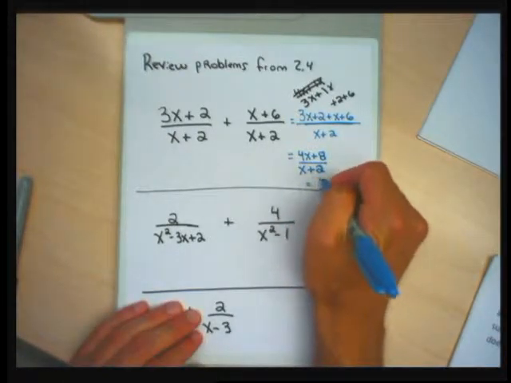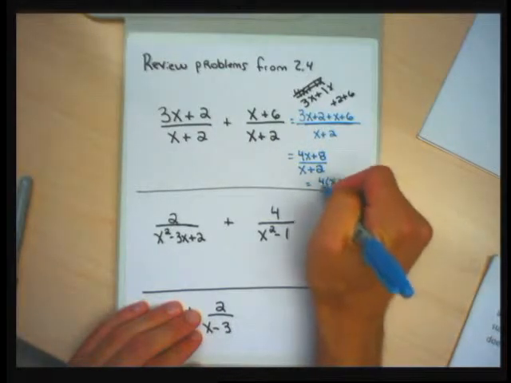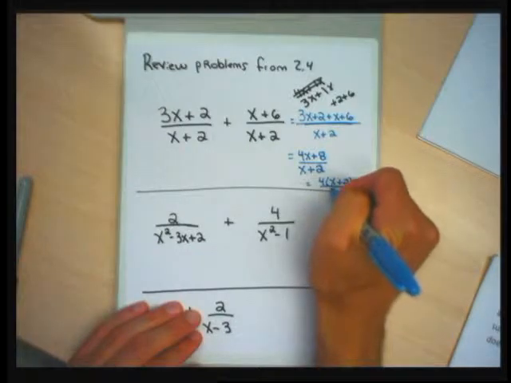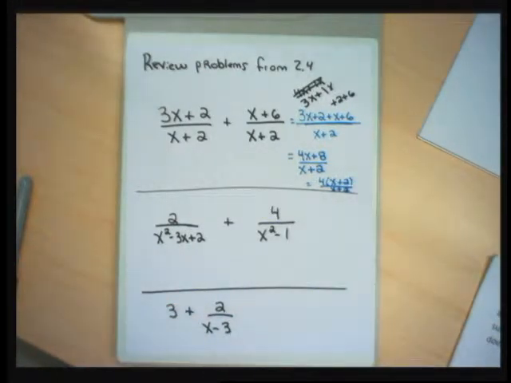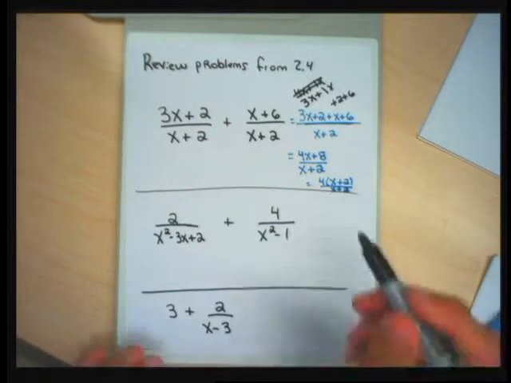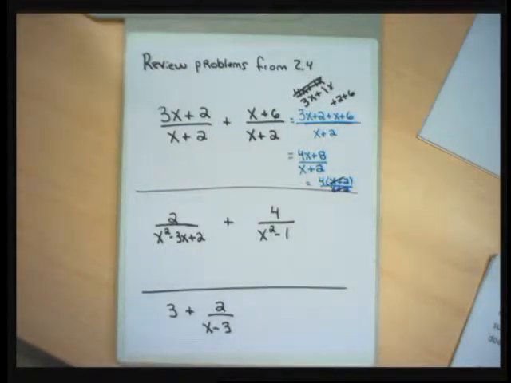The numerator has a common factor of 4, and if I factor out a 4 from the numerator, I'm left with an x plus 2, and I strategically set the problem up like that because I wanted some canceling to happen. The x plus 2 in the denominator is going to cancel with the x plus 2 from the factoring, and leave me with just a 4 in the numerator.